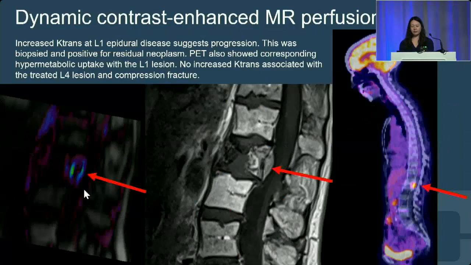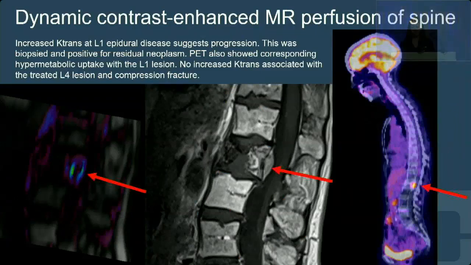On the L4, there was no increased perfusion. But in the L1, where we saw that epidural enhancement, there is increased K-trans at that epidural disease. This was actually biopsied and positive for residual neoplasm.